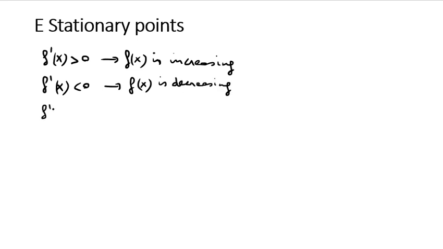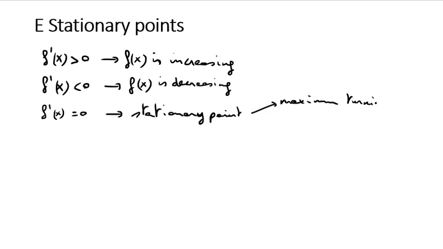And when the derivative of the function is equal to 0, then we say we have a stationary point there. And this stationary point can be a maximum turning point or a minimum turning point, or it can be a stationary inflection.